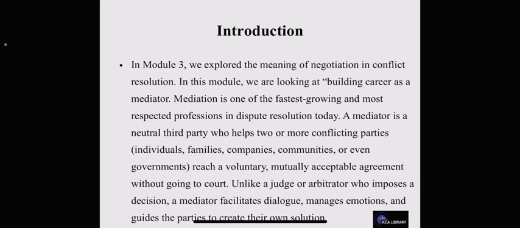So the main role of a mediator is to make sure that the conflicting parties reach a mutually acceptable agreement without the need to go to court.